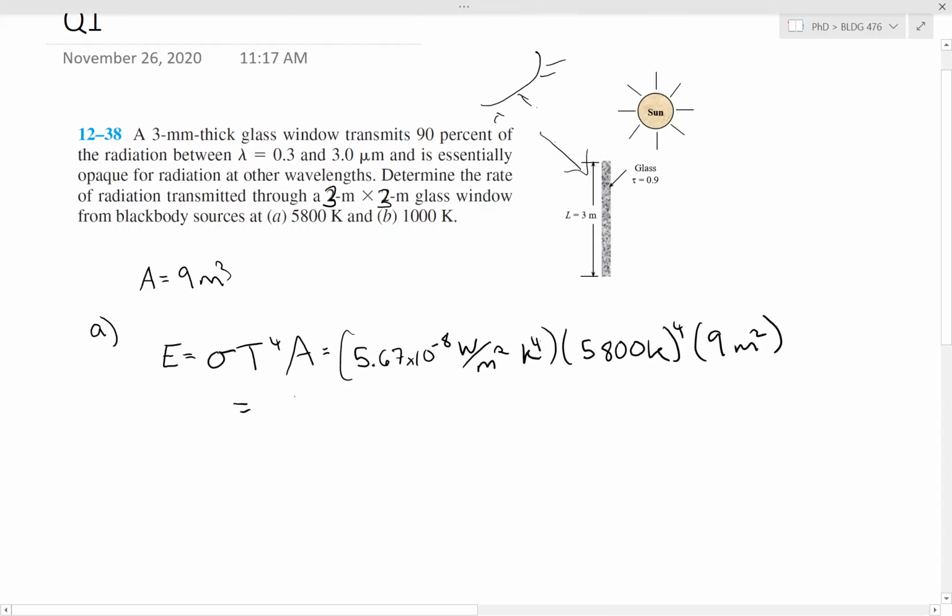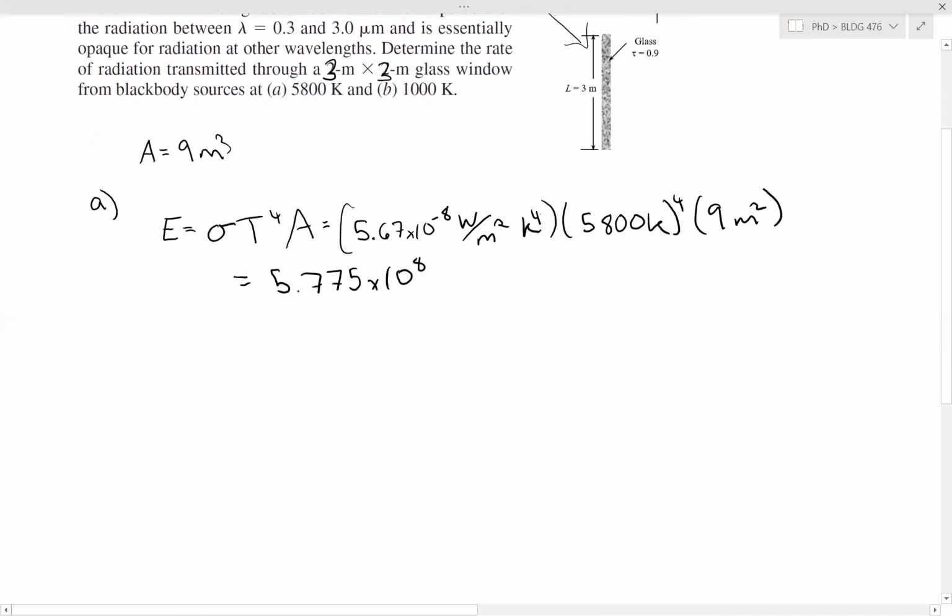And this is equal to 5.775 times 10 to the 8. Okay, so that's our total, and then we're going to find our fractions.